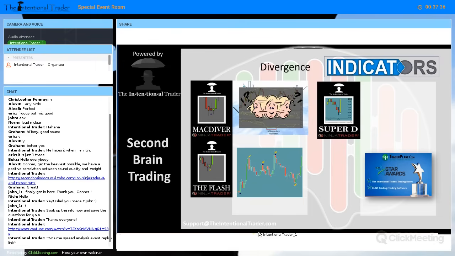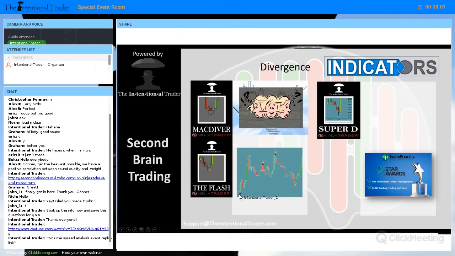And so I wrote down what I wanted to see, and I gave it to a programmer who was a lot smarter than me about this stuff. And I said, this is what I want to see. This is what I want to have happen. When price diverges from momentum, I want to see an indicator at the open of the bar. Okay, so that's what we came up with. So this is our Flash indicator.